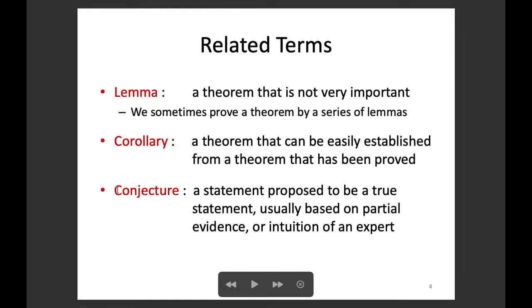And then the third one is called conjecture. A conjecture is something that is not known to be true yet, but people believe that it is true. Conjectures are usually made by important people, great mathematicians. They suspect that something is likely to be true or likely to be false, so they make this claim and hope that other people can help us see whether it is really true or false.